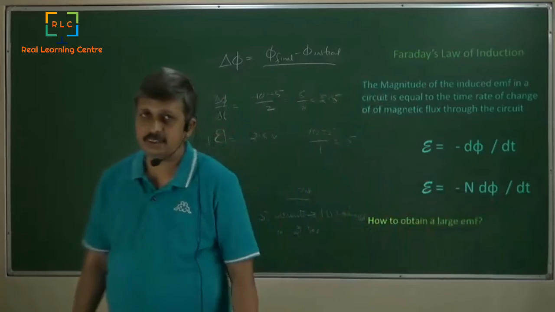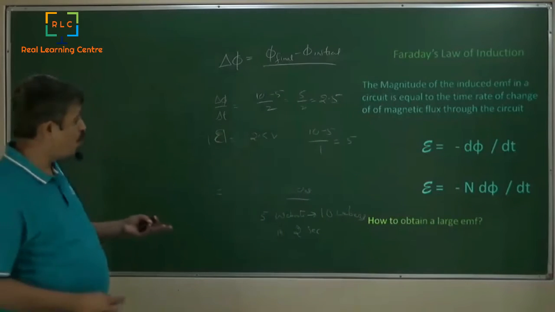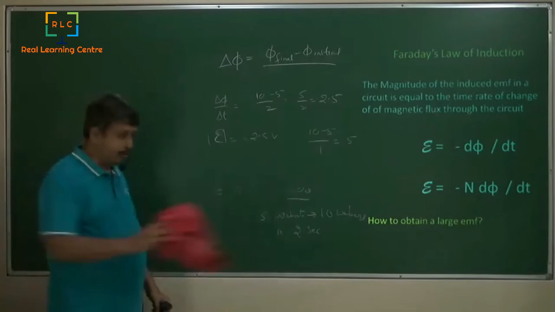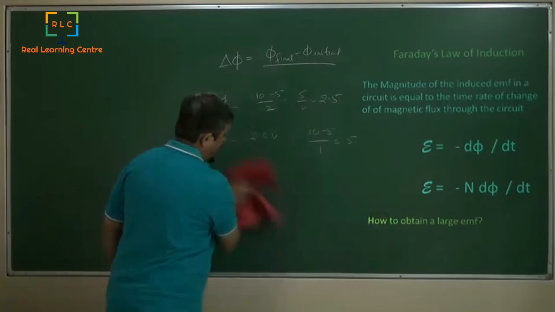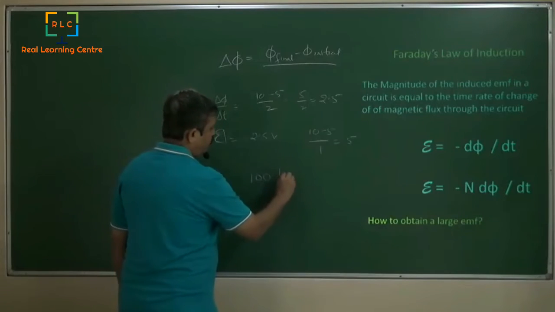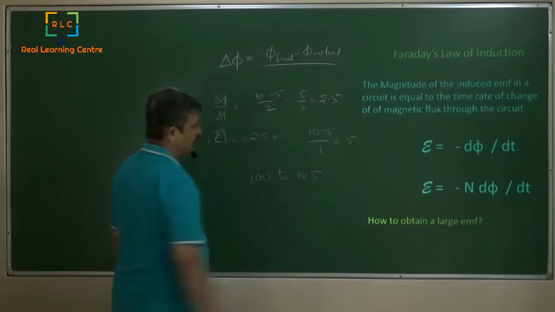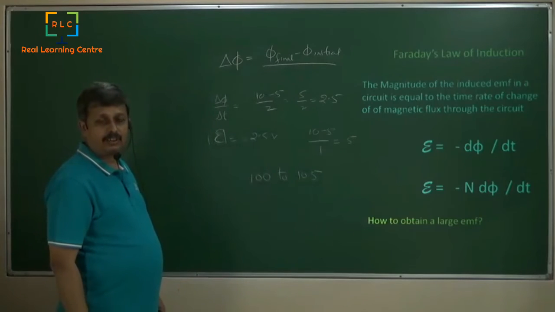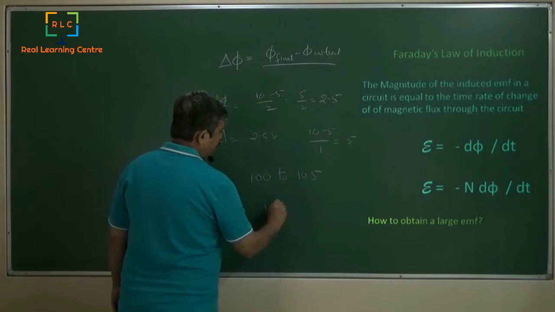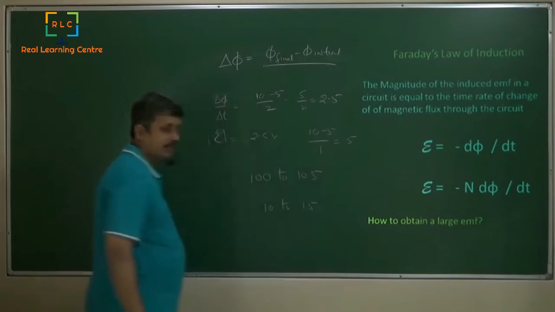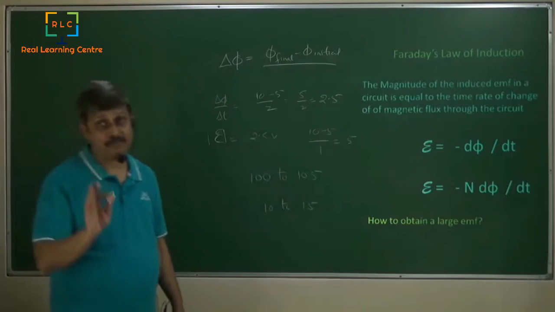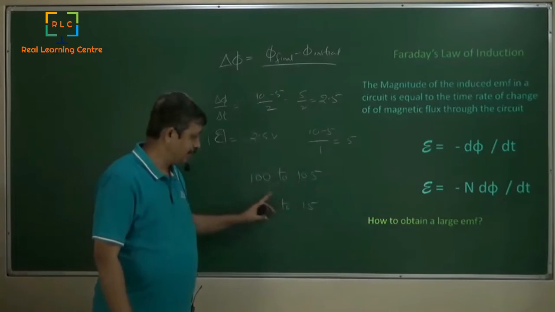Okay, remember that. For example, if you have an extremely powerful magnetic field, and you are going from 100 Webers to 105 Webers in 1 second, or if you are going from 10 to 15, in both cases the EMF induced will be the same, because the difference is the same.